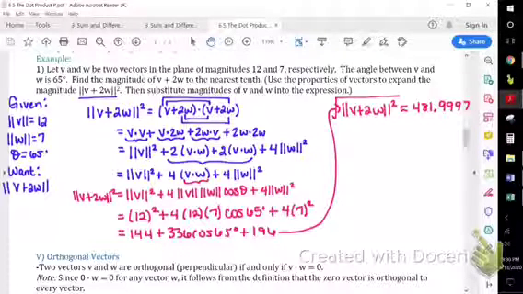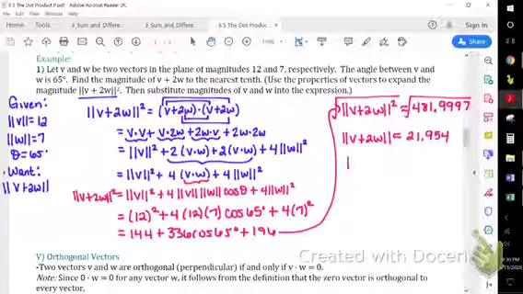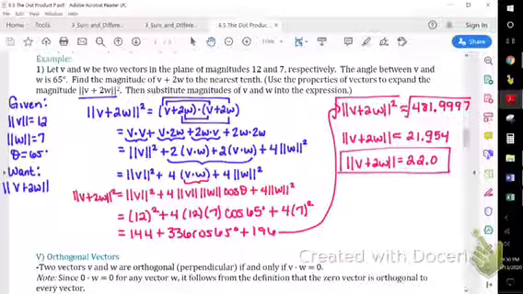Just like we normally do in algebra, we take the square root. So the magnitude of v plus 2w is approximately, and when I put this in my calculator, I got 21.954. But it says to approximate that to 1 decimal place, or to the nearest tenth. That 9 becomes a 10, so it's going to become 22.0. And so there is our solution.